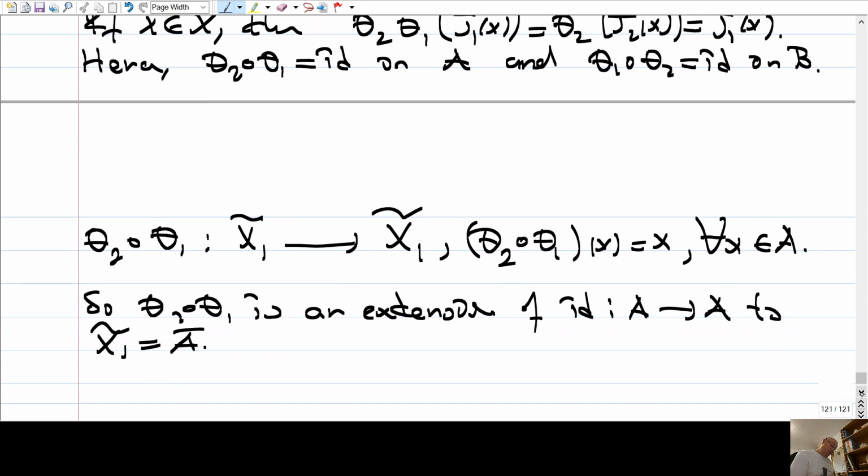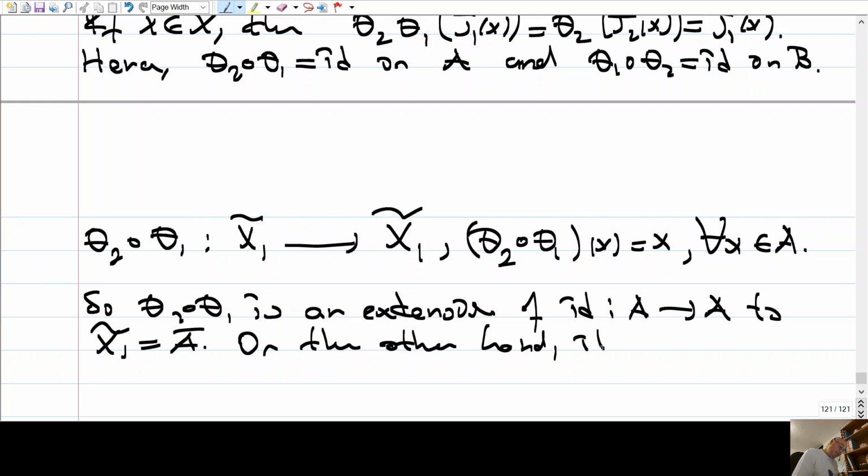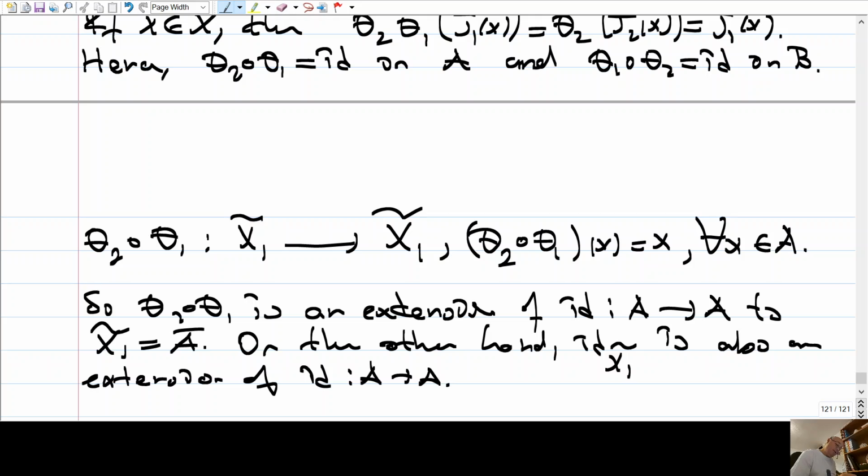However, on the other hand, the identity function of x1 tilde is also an extension of the identity on A to A, right?